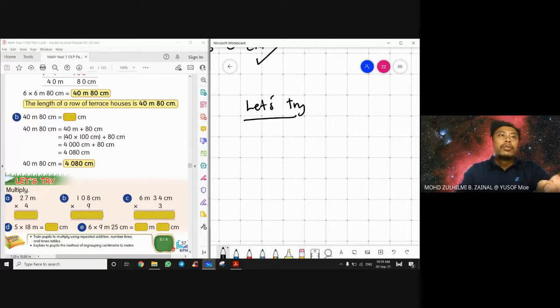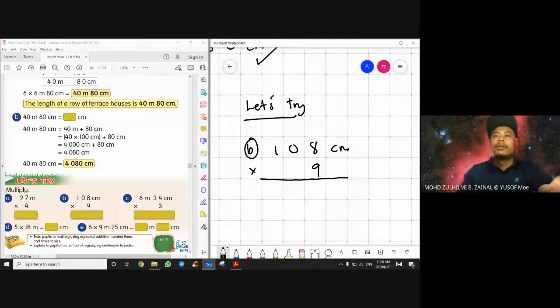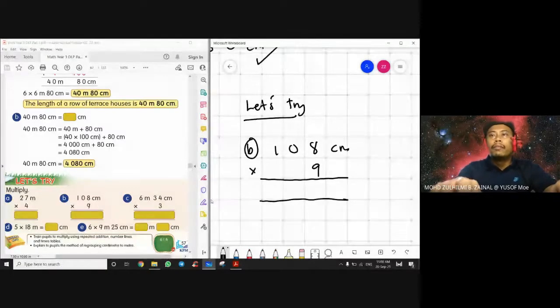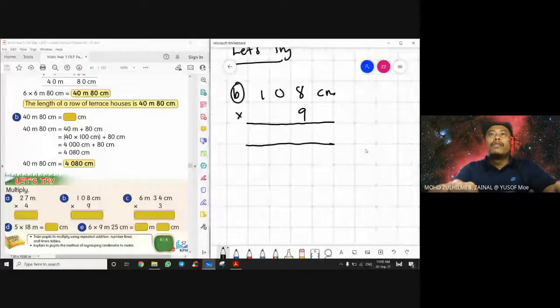Okay, so let's try. Kita akan buat, let's do question B. Ini susah sikit. Try with B. 108 centimeters times 9. Okay, so yang ni senang. Multiple of 9 only.